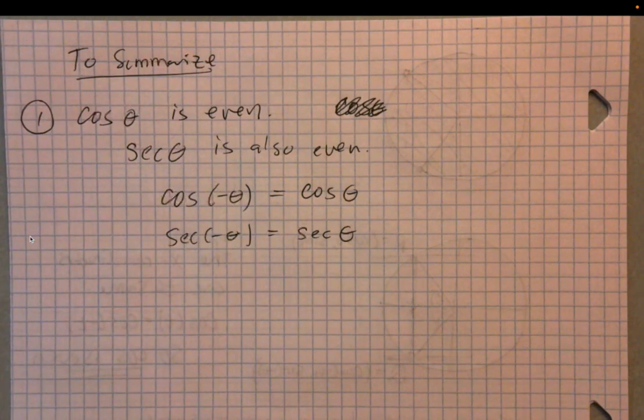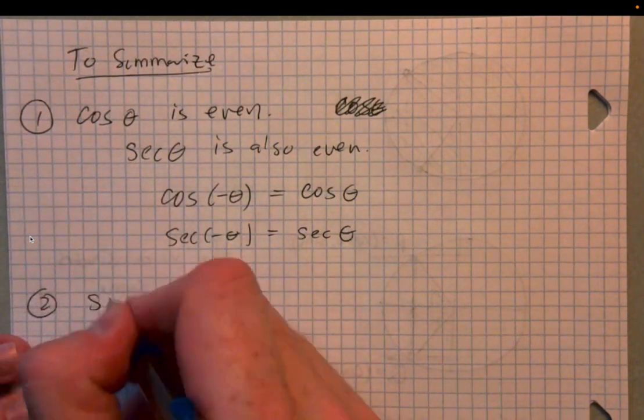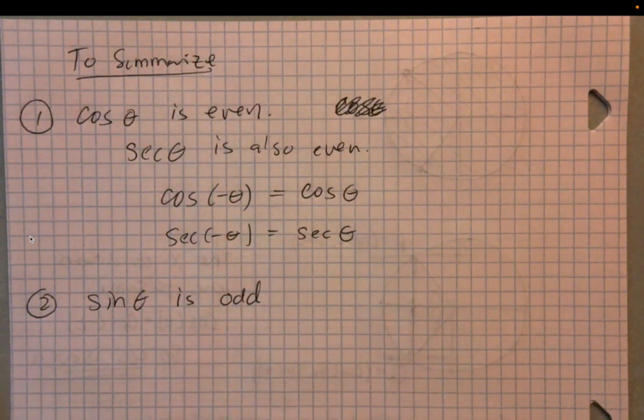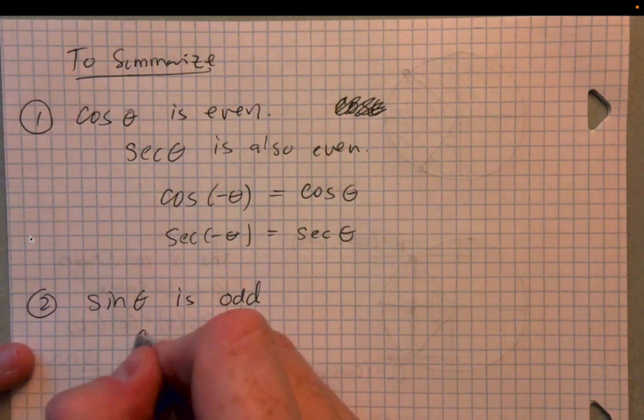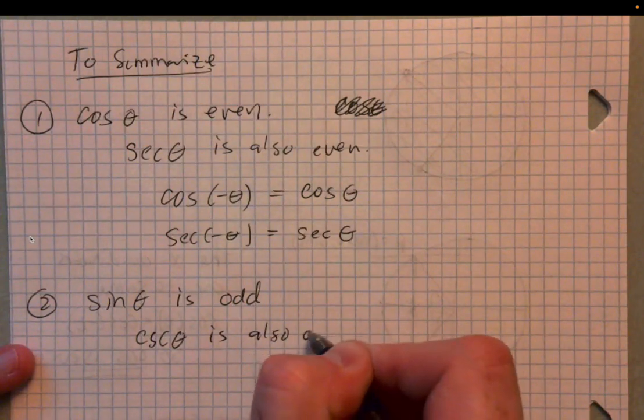Right, so that's the first takeaway. And then secondarily, the sine of theta is odd. Right, so the sine is odd, we saw that, we derived that. And the cosecant is the reciprocal of sine, and so the cosecant of theta is also odd.